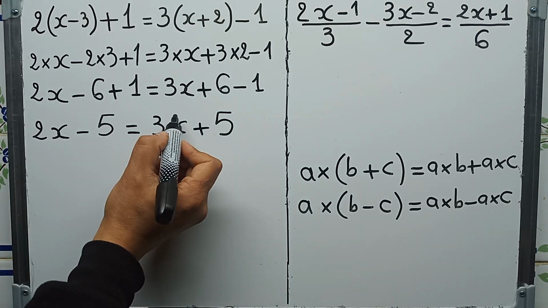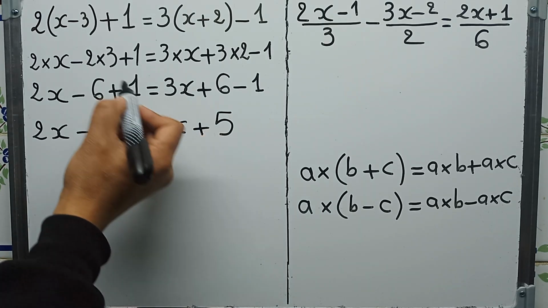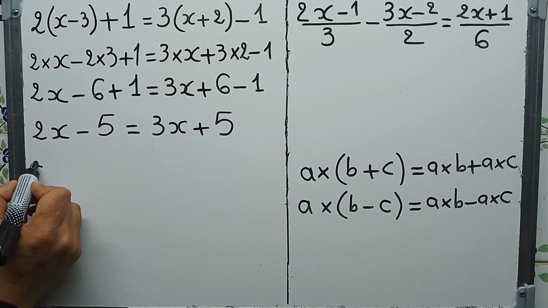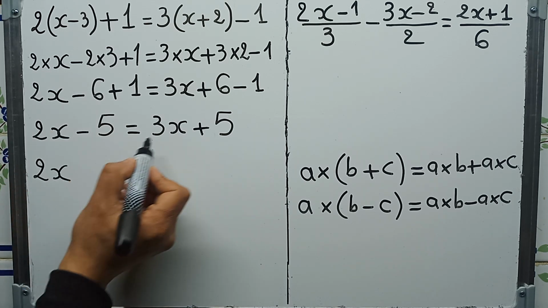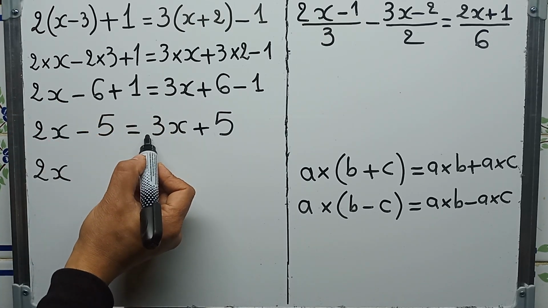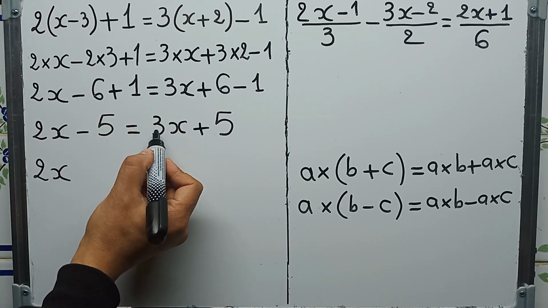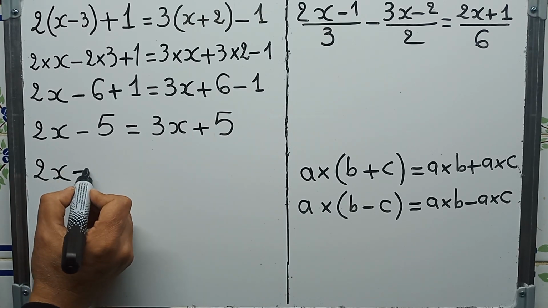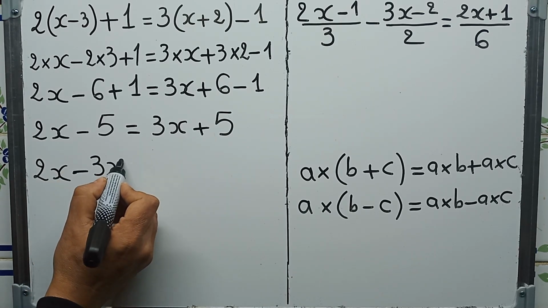Now we pass our 3x to the other side, nearer to the unknown. We have 2x and 3x. Since here there is plus 3x, it goes to the other side and becomes minus 3x.